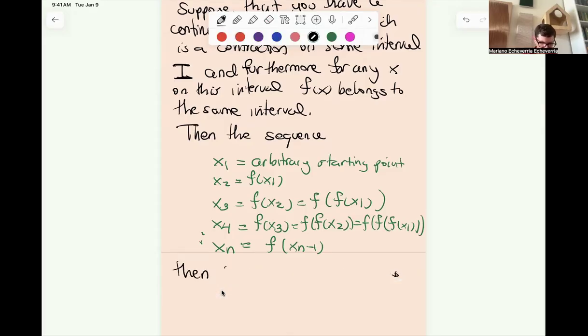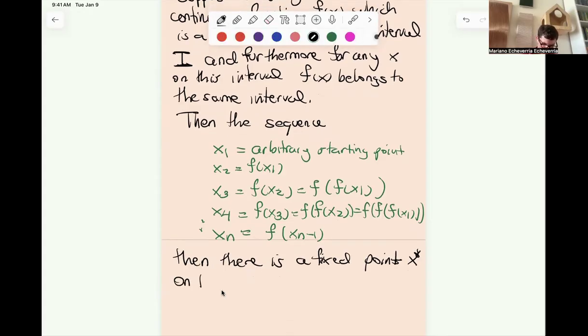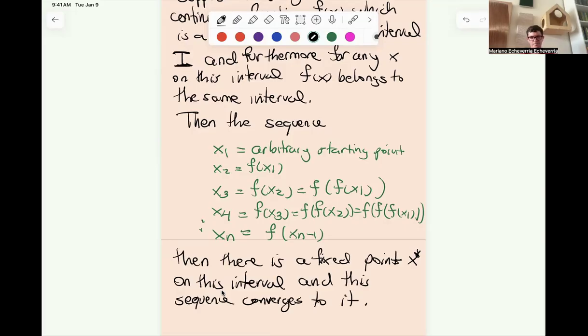Then there is a fixed point on this interval, and this sequence converges to it.